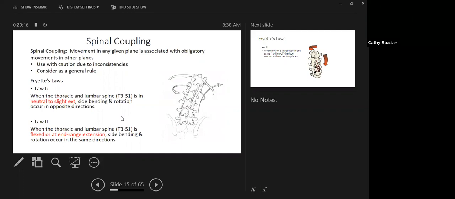But when the thoracic and lumbar spine is in neutral to slight extension, your vertebrae will side bend and rotate in opposite directions. So if I side flex to my right, that means there is a slight rotation left. If I side flex left, there's a slight rotation right. That's only in neutral or slight extension. If I rotate right, there's a slight side flexion left.